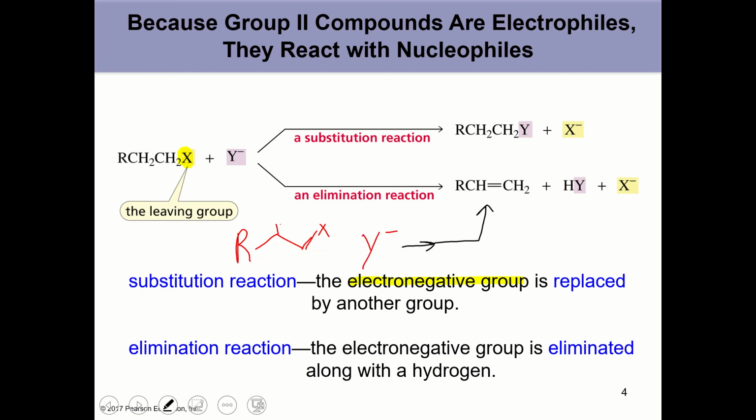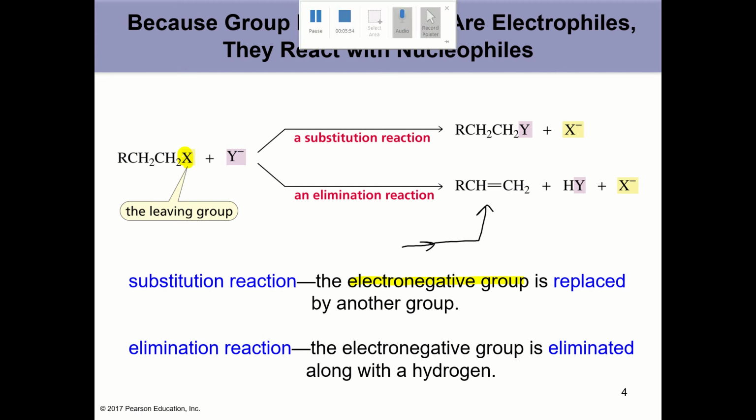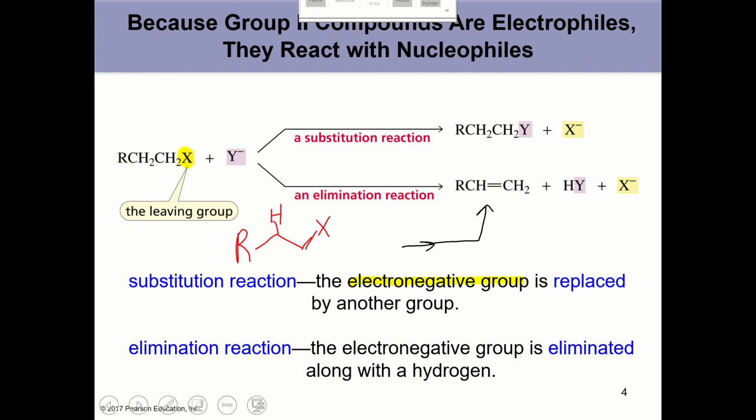So for example, we have our RCH2CH2X, and in an elimination reaction, the nucleophile removes the hydrogen on the carbon adjacent to the carbon bonded to the halide.